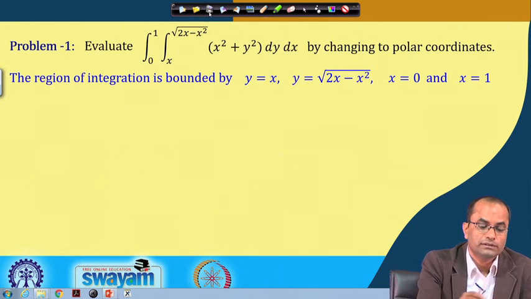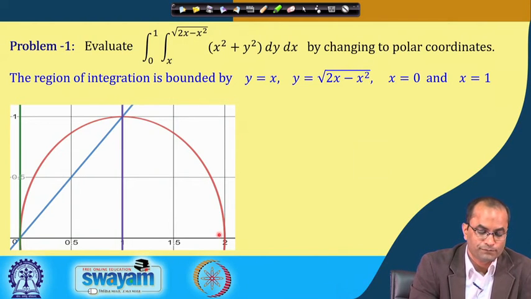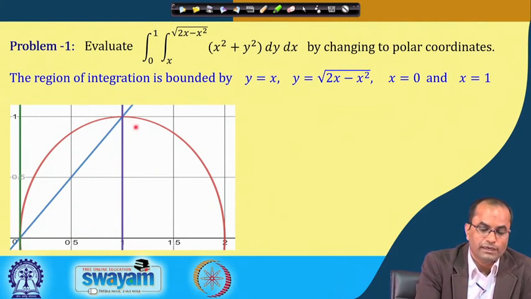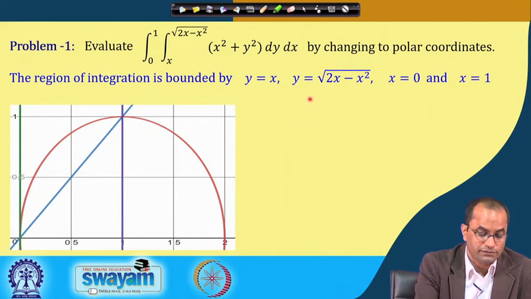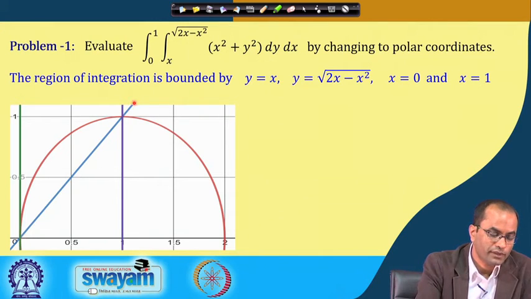So, we can draw this now. This is the circle which we have, the shifted one. So, the center is at 1 there, and now y is equal to x line.